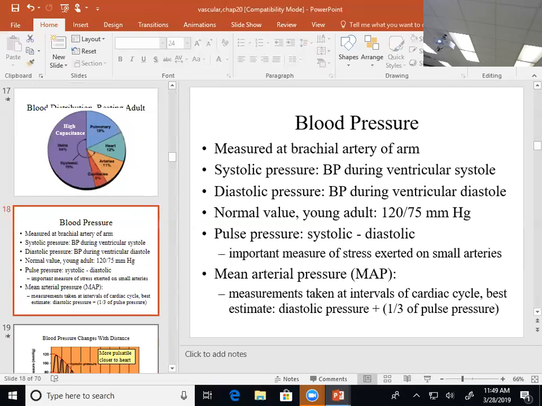You all know that you can take blood pressure in different areas of the body, but we usually do the brachial. What does brachial mean? So we usually do a brachial blood pressure here, and what we're measuring is the force when the left ventricle contracts, the force it's exerting on that arterial wall.